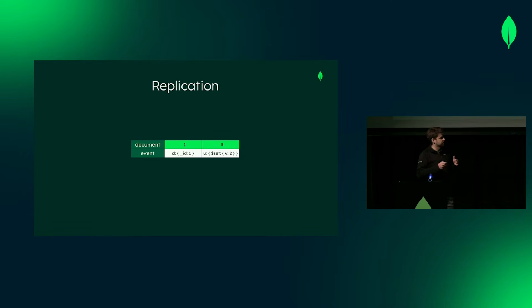Of course, this is configurable for your needs, but in our case here, we're just going to look at a simple example where we have 2 events as the capacity of the Oplog. And so what's going to happen if a new event comes in? We have our first event that happened on document 1, second event that happened on document 5 rather. If a third event comes in, we're going to push out document 1, right?